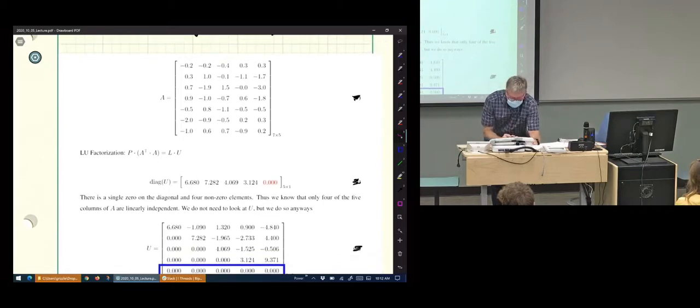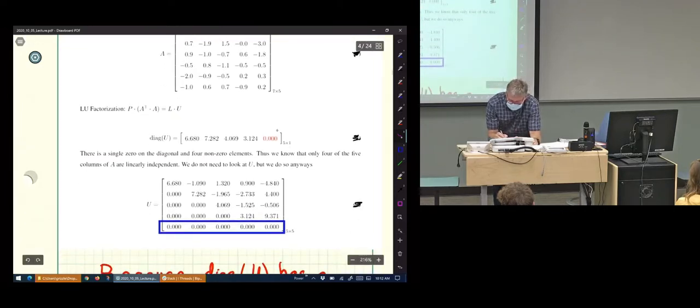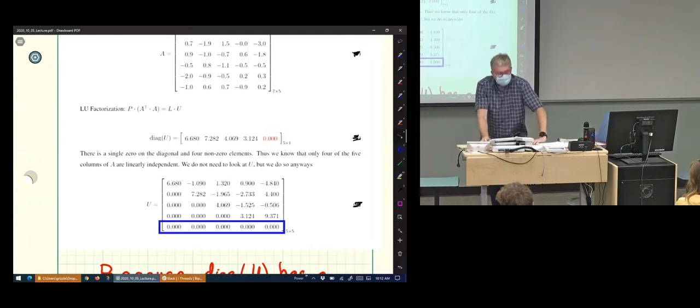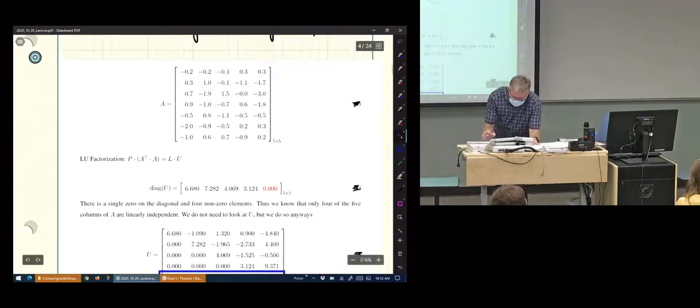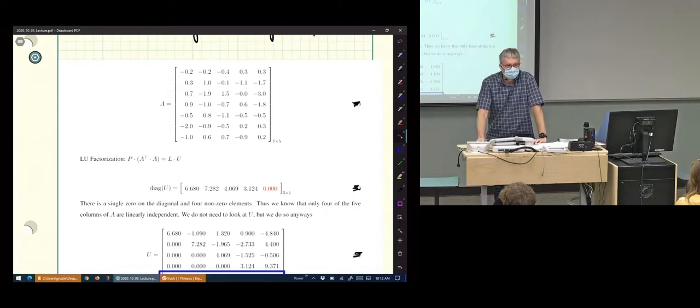So I follow our semi-pro tip, and I do the LU factorization of A transpose A. I look at the diagonal, and there's only one zero element. So I know immediately there are 5 minus 1, which is 4 linearly independent vectors in that matrix.